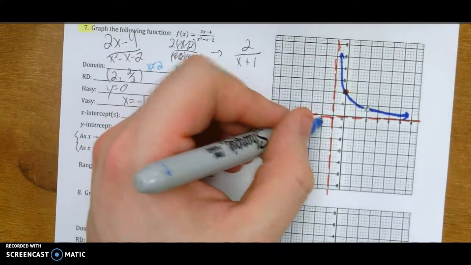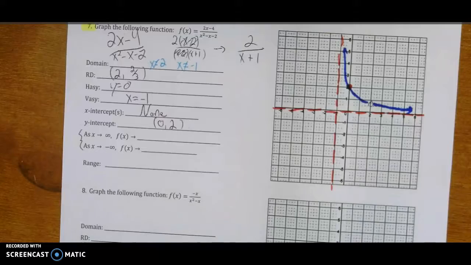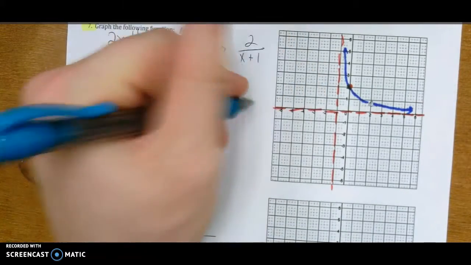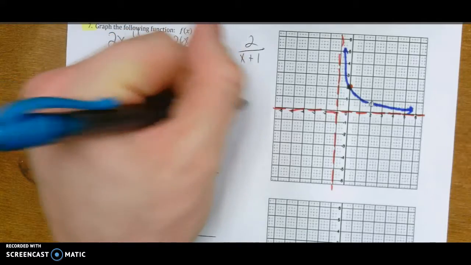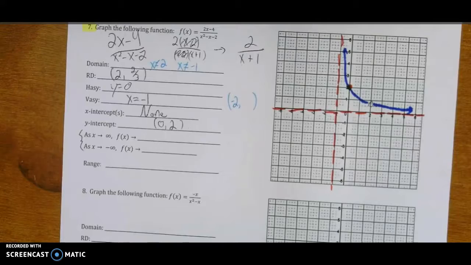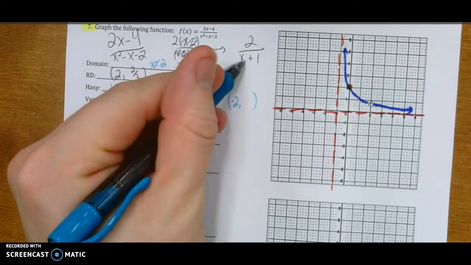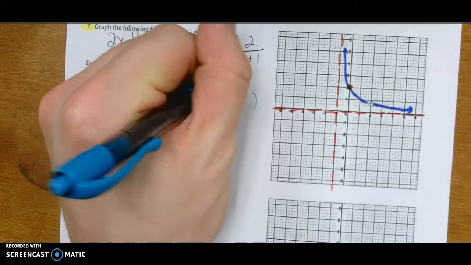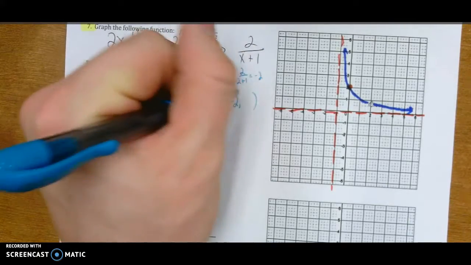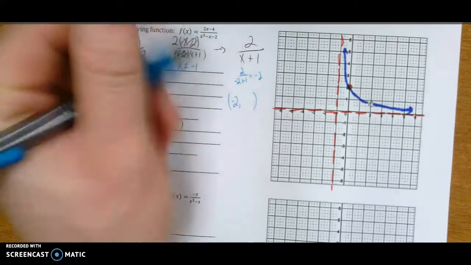So I'm going to plug in a value here, just to give myself some reference. It looks like this is -2, so let me plug in -2 for x, just to get a point, so I can base my graph off of that. If I plugged in -2 for x, that would be 2 over -2 plus 1, which is -2. All right, so -2 comma -2.